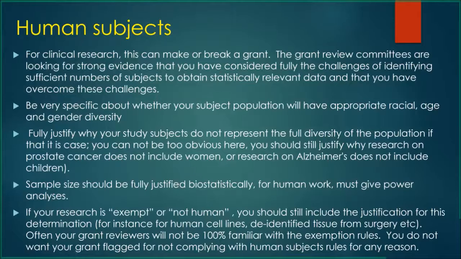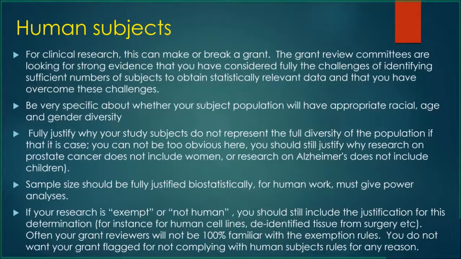Another example is that if you're doing a survey of, let's say, physicians about a treatment guideline, that's actually considered exempt research. But grant reviewers might not know that. So you want to be able to get a letter stating that your research is exempt and write that directly, explicitly into the application.